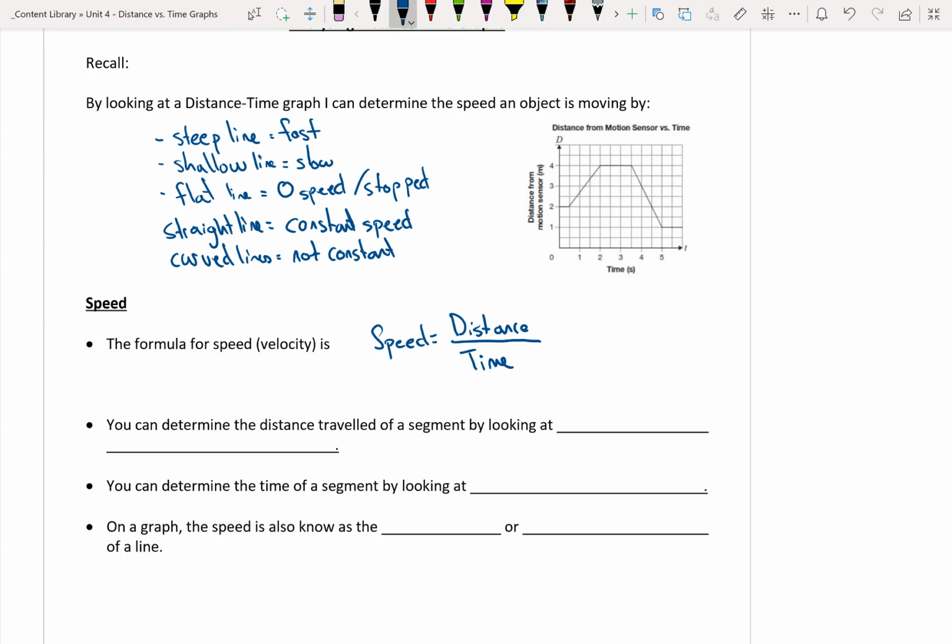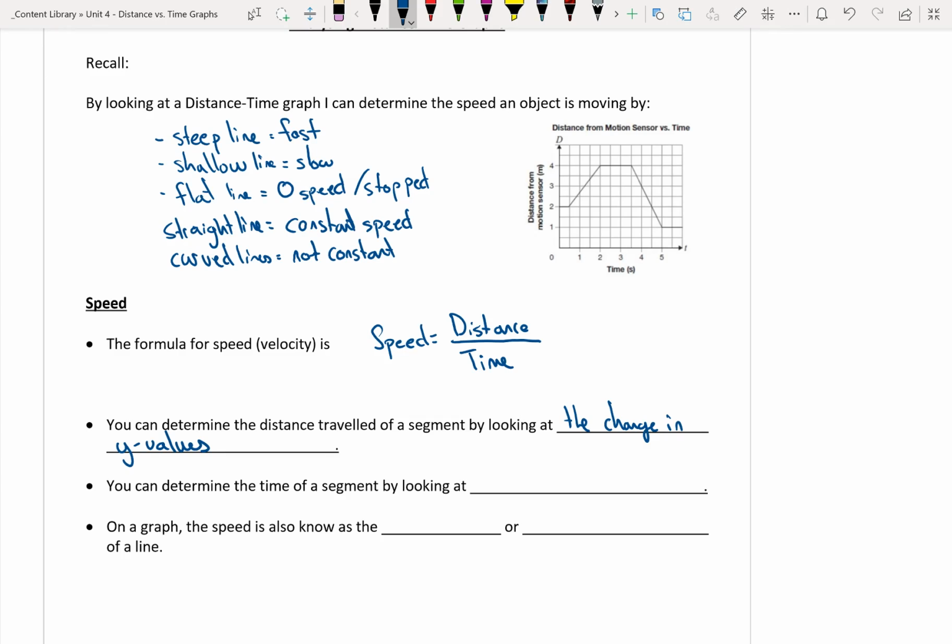If I look at each section of a distance time graph, I can figure out how much distance is traveled by looking at the change in y values. Remember, distance is the vertical values, so I'm looking at how much it's changing over my segment.